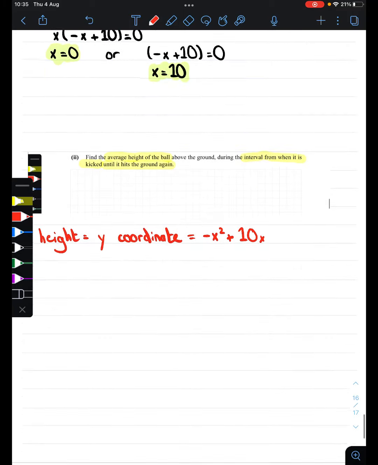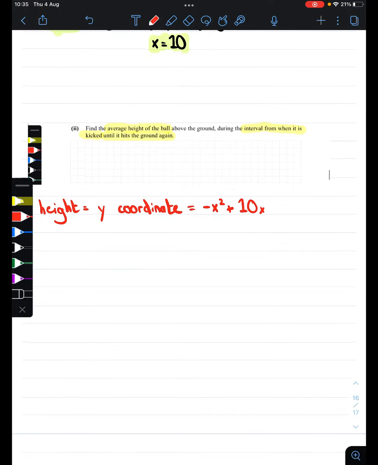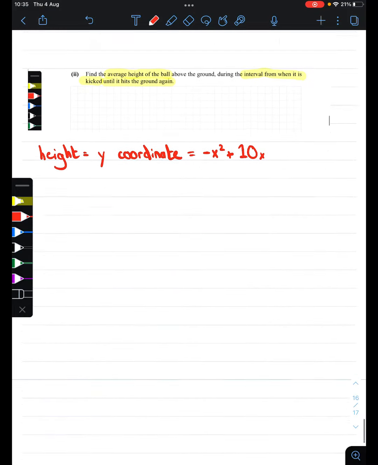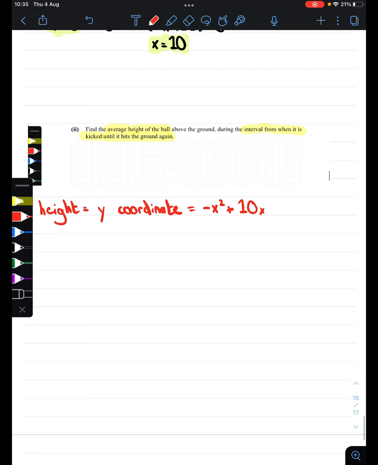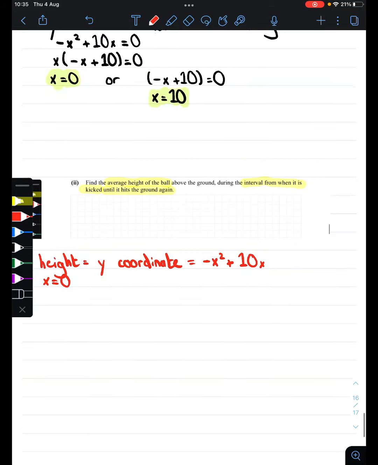And we want to find the average of this function over the interval. So the interval is when it is kicked, so when x equals 0, to when it hits the ground again, which we just found is x equals 10.